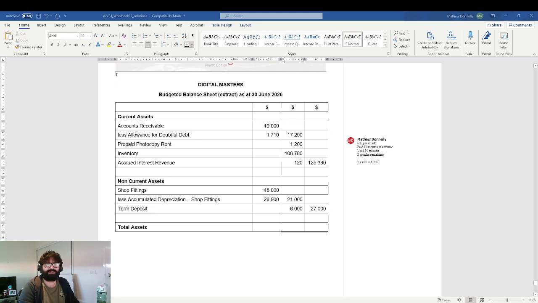Hold on. Yeah, I thought that was 100. Yeah, it's 21,100, and then we just got to add up our assets. So that's why term deposit is a non-current asset until that last year, 125,390.